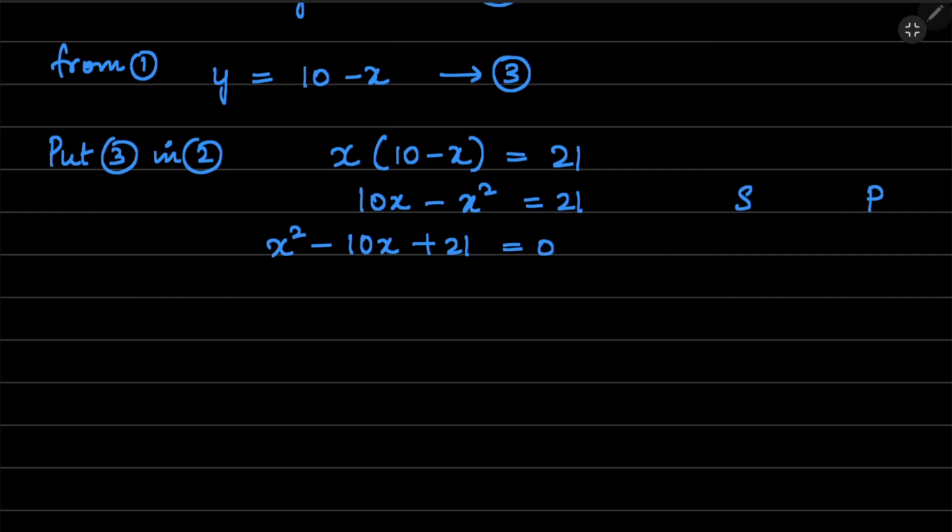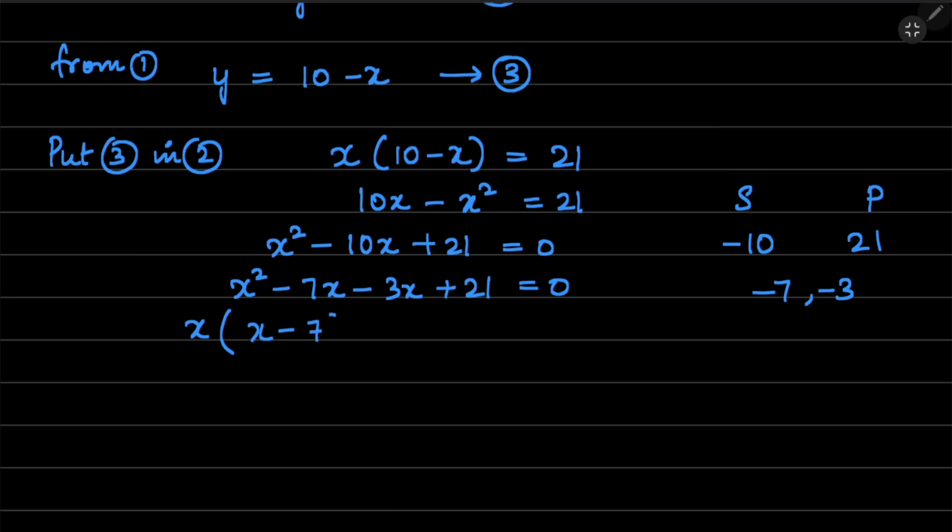So the sum and product, sum is minus 10, product is 21. So 7 and 3 are the numbers. Minus 7 minus 3 is minus 10. Minus 7 multiplied by minus 3 is plus 21. So let's do the middle term splitting. So minus 7x minus 3x plus 21 equal to 0. Take x common.